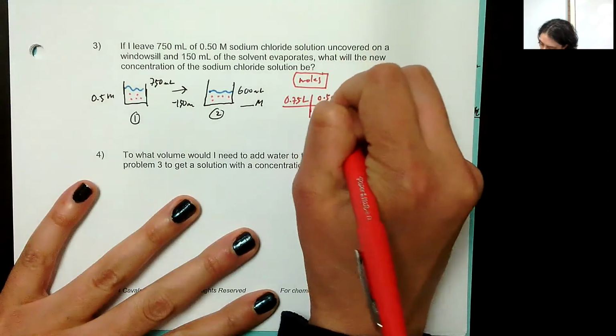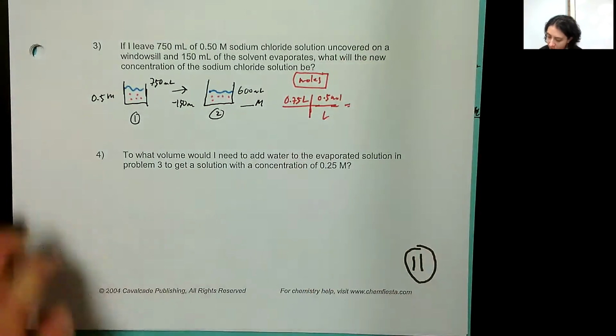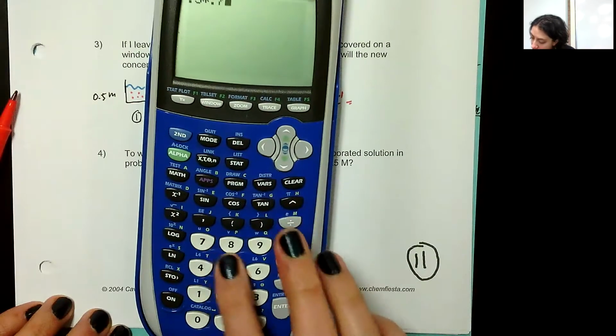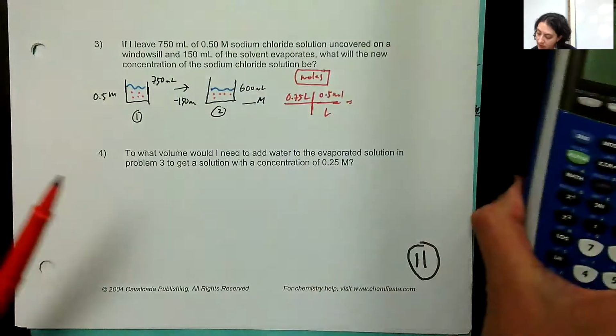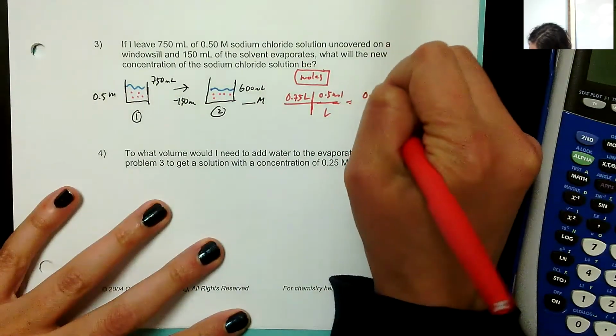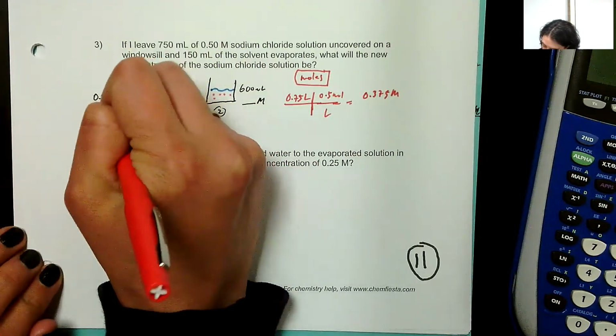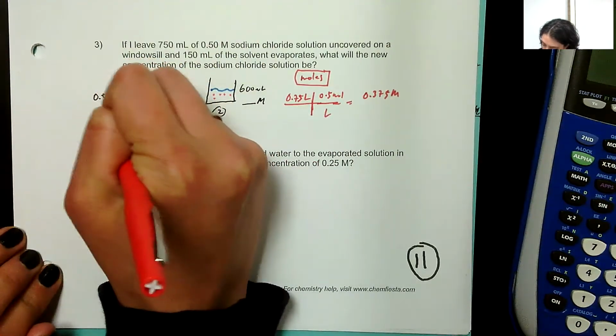That's 0.5 moles per liter. So we can solve for moles. That's going to be 0.5 times 0.75, so that's 0.375. So in this scenario, there's 0.375 moles.